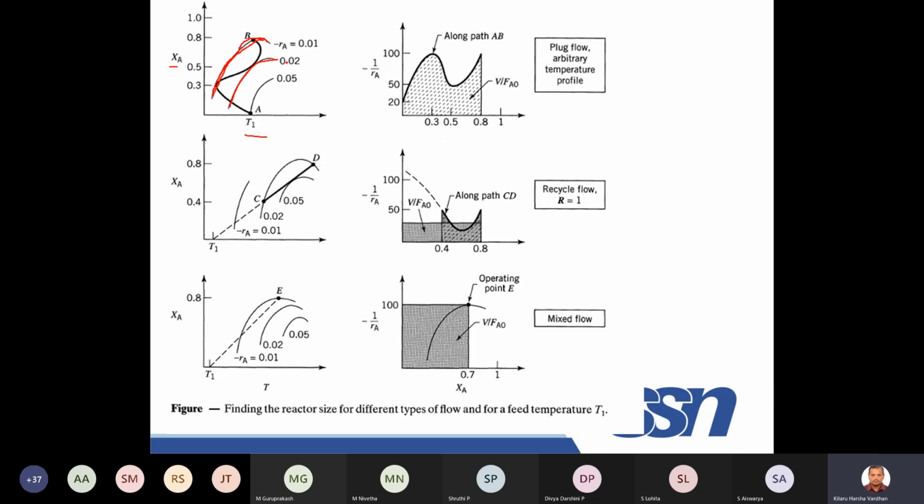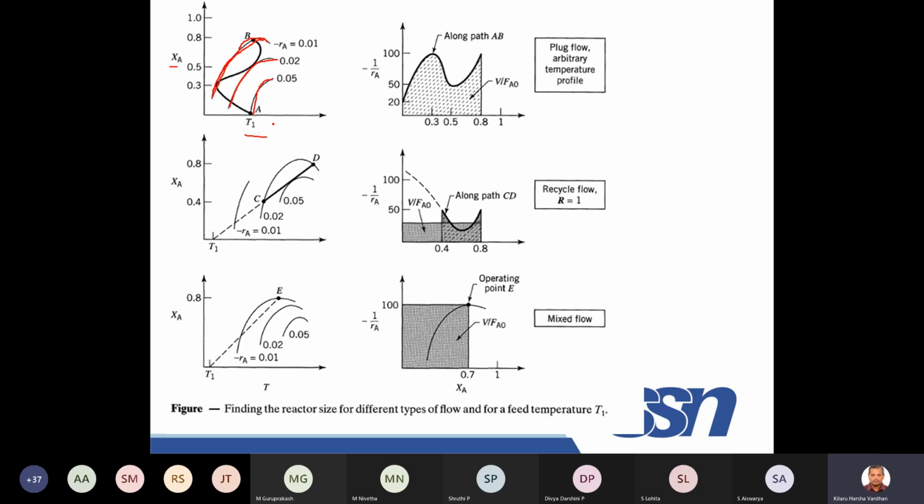That is for 0.02. Again 0.05. These 3 you have done. If the problem gives the rates, it is okay. Otherwise you have to calculate the rates. How to calculate the rates? I think there is one problem in Gavane which shows how we draw this. That we'll see a bit later, right?